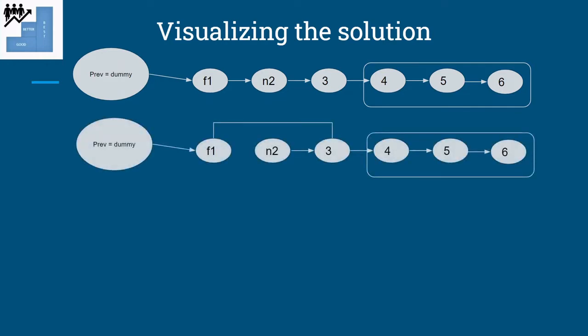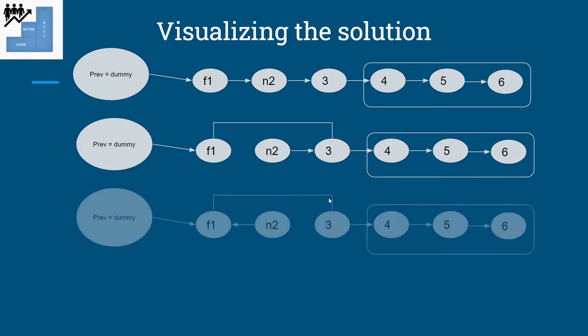Now, before reversing the link between f and n, we'll make f point to the next node of the n node, because if we don't do it, then we'll not have any way to go to 3 if we just reverse the linkage over here without having a path to this node.